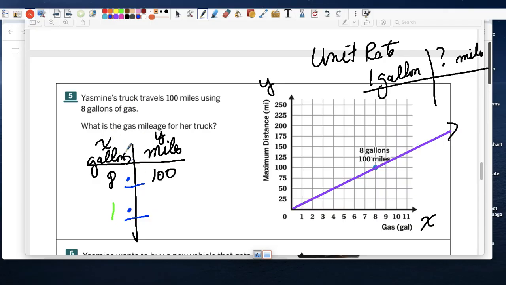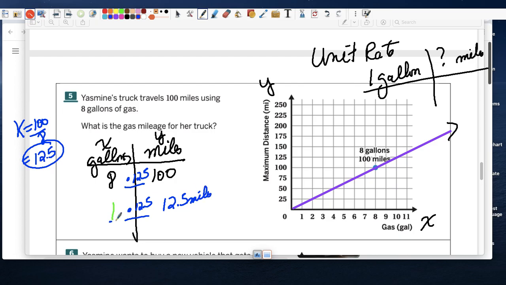So to find that number, we're going to go 100 divided by 8. And if you divide that correctly, you get 12.5. So we found our constant of proportionality. So I'm going to go back here and go times 12.5, times 12.5. So 1 gallon of gas gets me 12.5 miles.